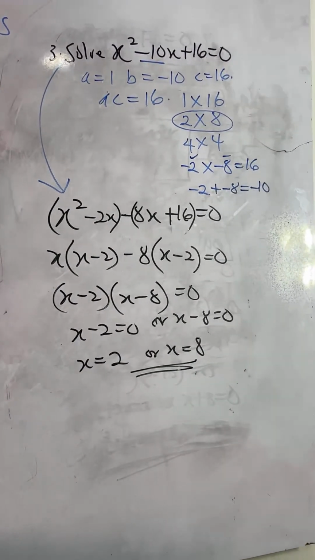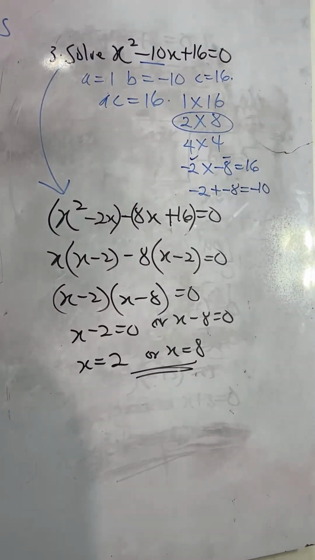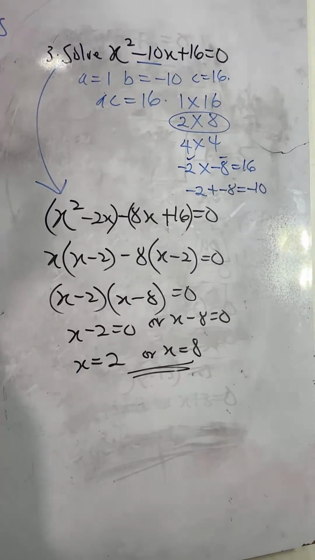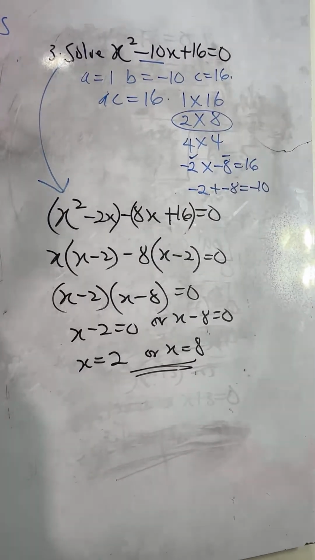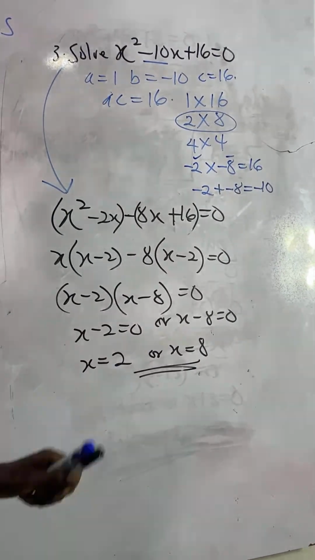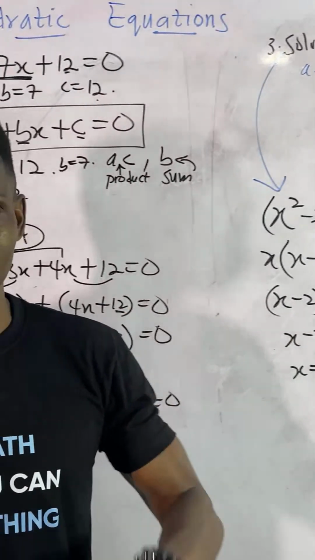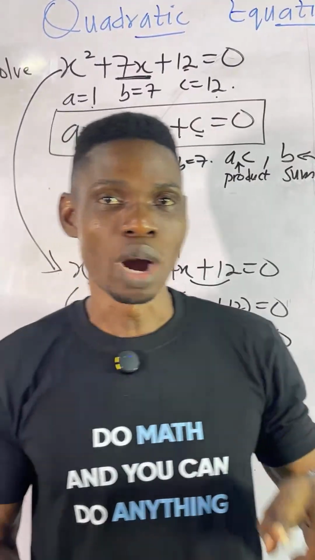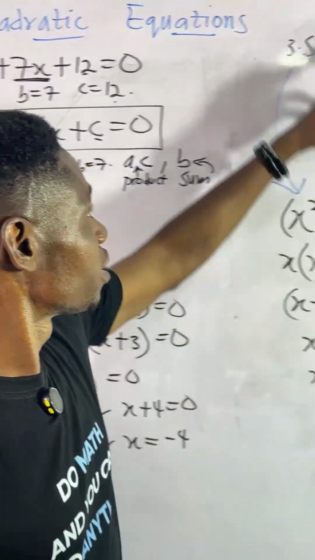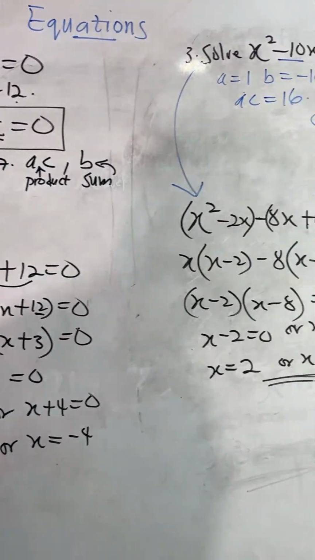Alright, so some of you got it right. So that's right. So we've solved questions on factorization, but I think we need to do one more example because it's not in all cases that we have a to be 1. So one last example of quadratic equations.